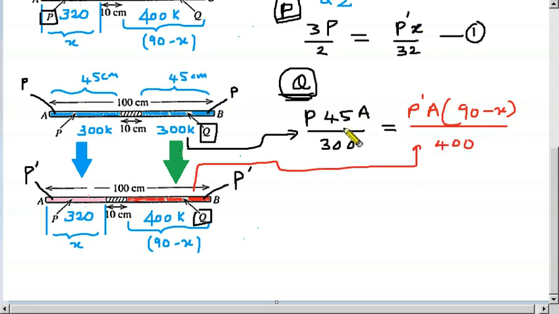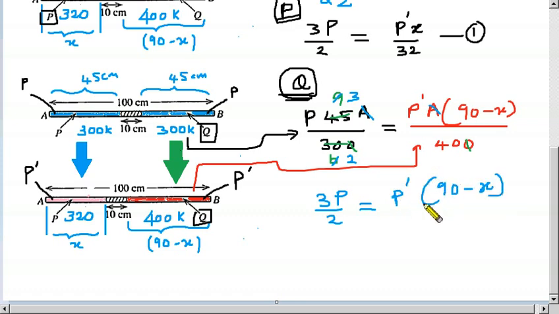So you can simplify the zeros, then 6 times, 9 times, two times, three times, divided by 3. So 3 times P, A cancels, divided by 2 equals P dash times (90 minus X) divided by 40. This one is the second equation.